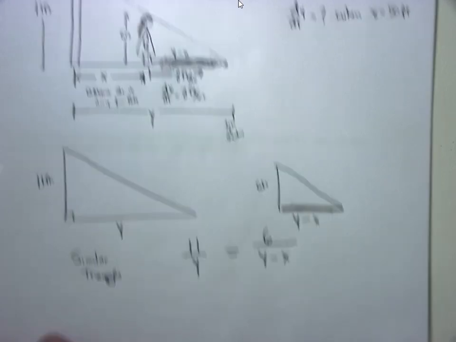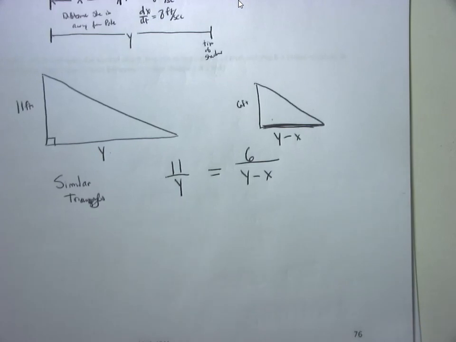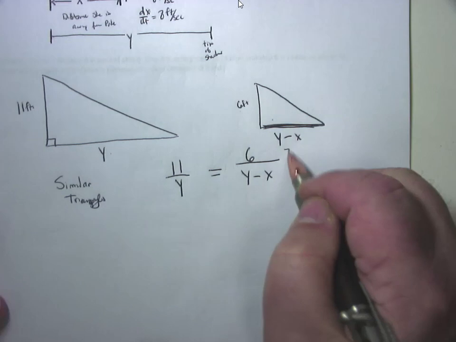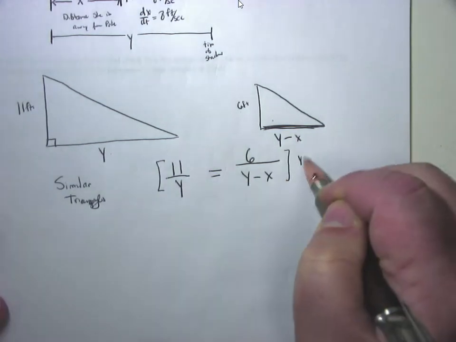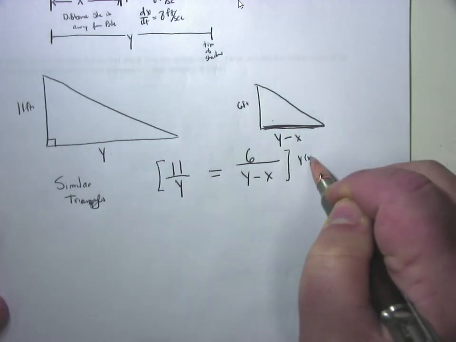But because the ratio of sides of similar triangles are equal, you got fractions. The first thing I would do before I take its derivative, because you know that's your life in calculus class, take a derivative, you need to get rid of your fractions. So I'm going to multiply both sides by the common denominator, y times y minus x.